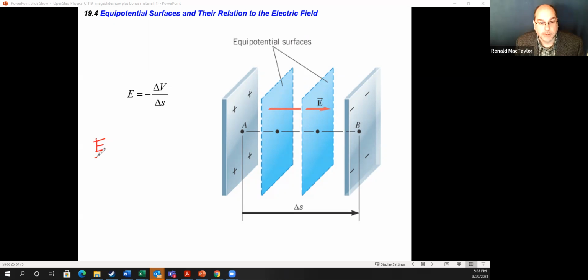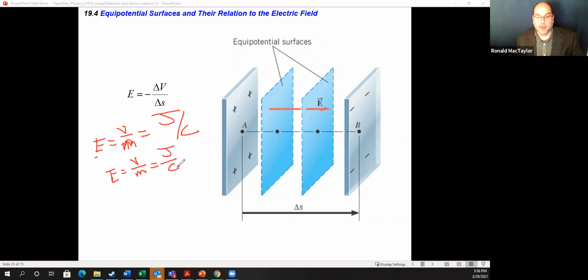Electric field is both volts per meter, as well as joules per coulomb. So volts per meter, that's an m, I'm sorry. E equals V over m equals joules per coulomb.